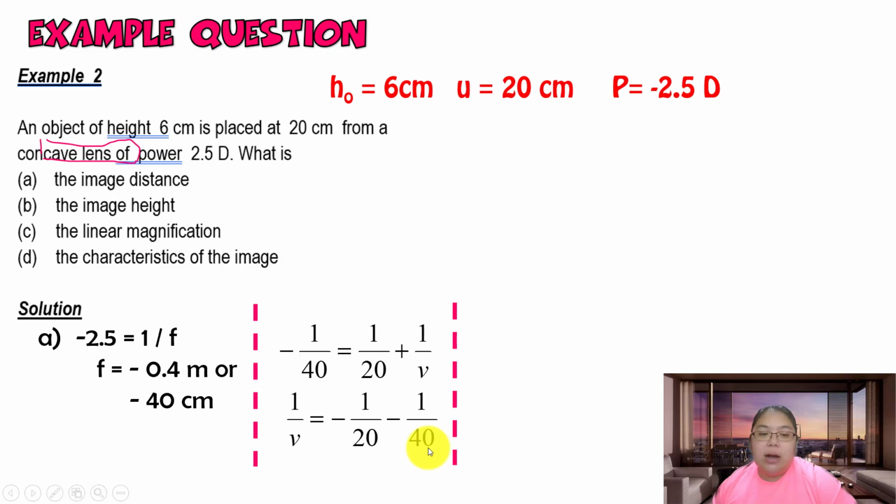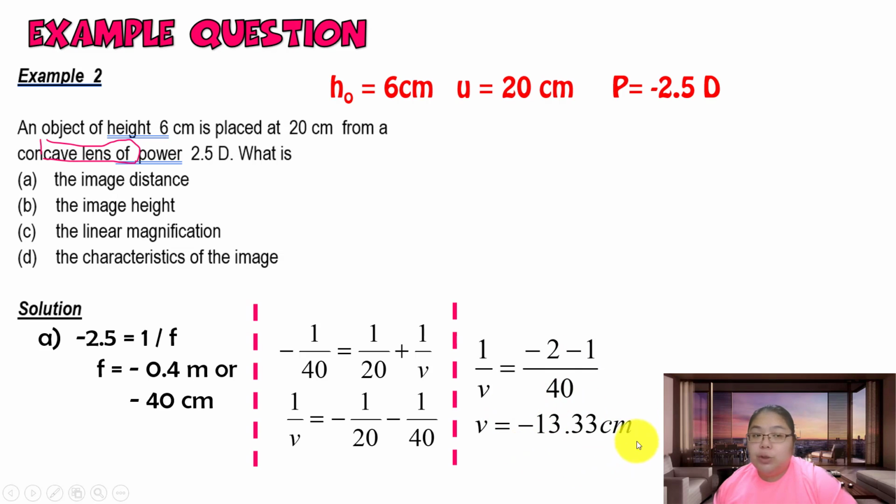So after do the calculation, I get my answer for my image V. Okay, the V sure negative because they're using concave. Concave just got one type of characteristic, the sure is a virtual. So my answer, I get it, 1 over V equals negative 2 minus 1 over 40, so the answer is negative 13.33 cm. So that one is a virtual image. Remember, virtual, the partner should be upright.